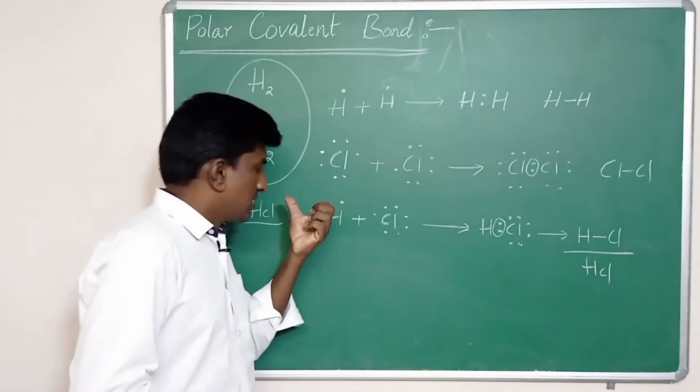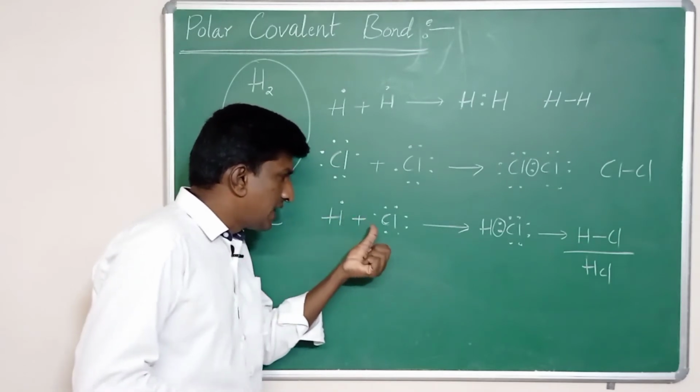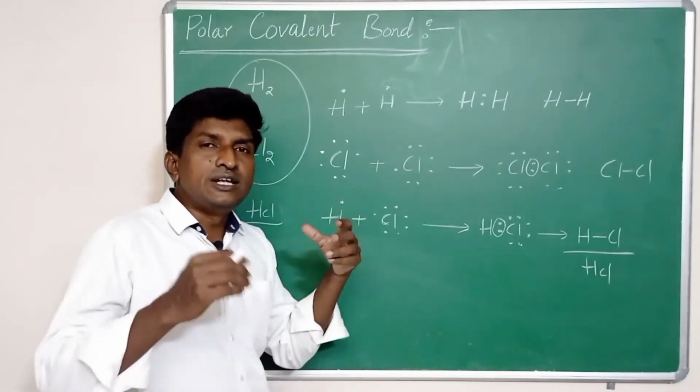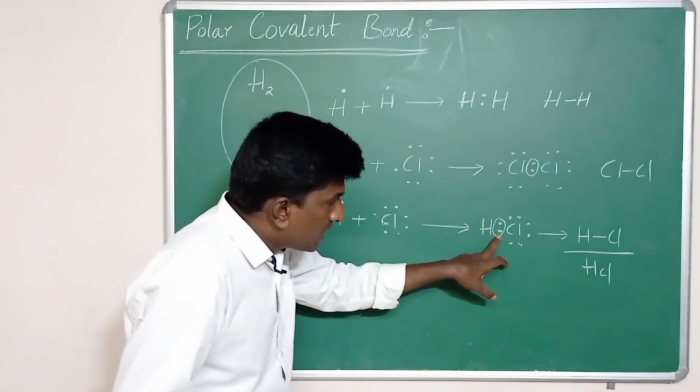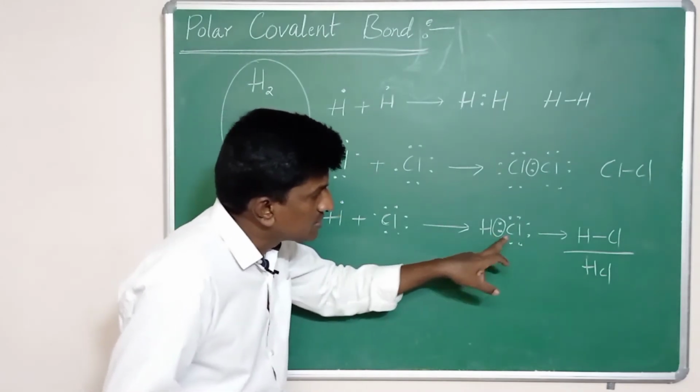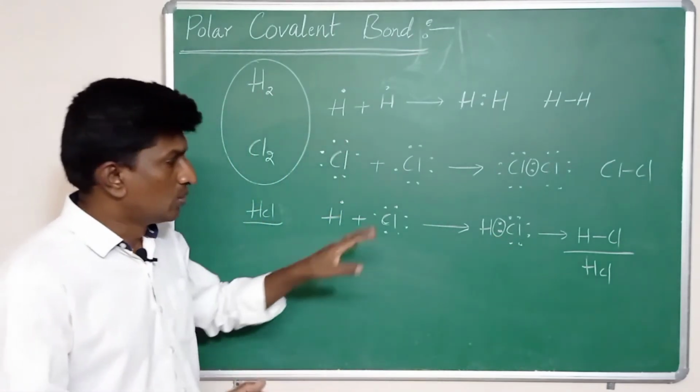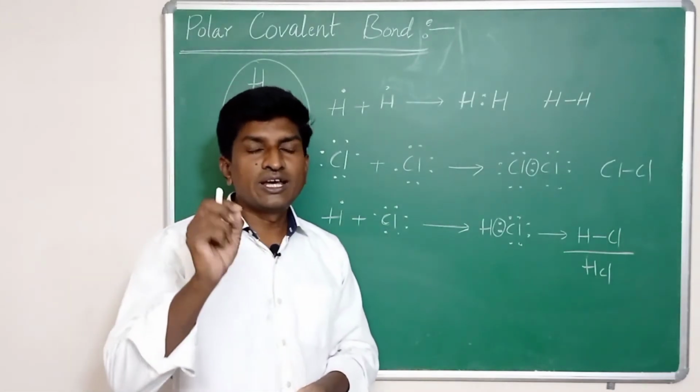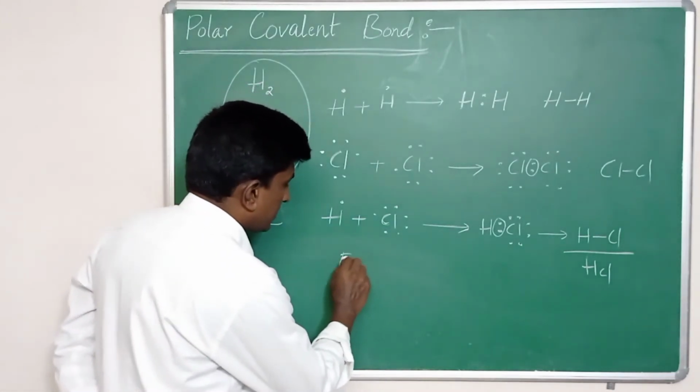Why is this bond between hydrogen and chlorine different even though one pair of electrons is shared between hydrogen and chlorine? To know this, first we need to learn about electronegativity.